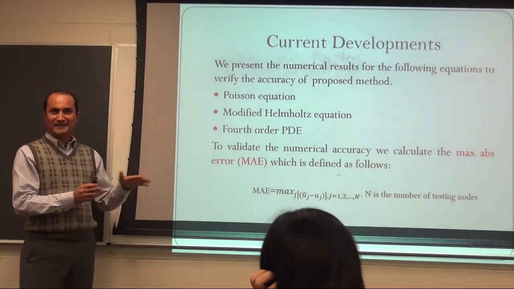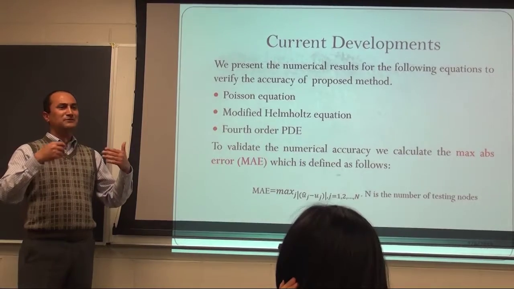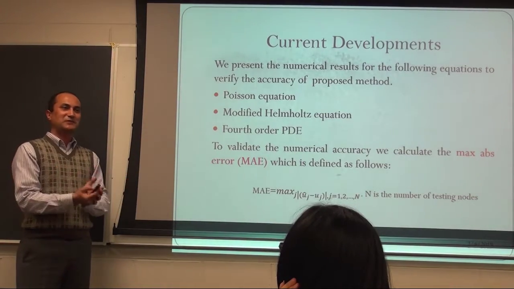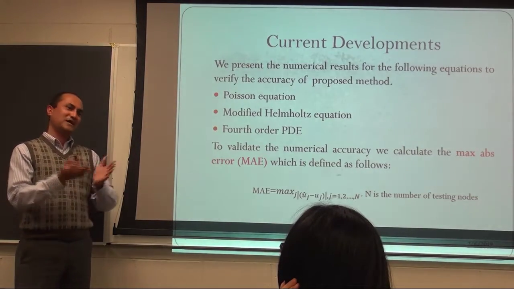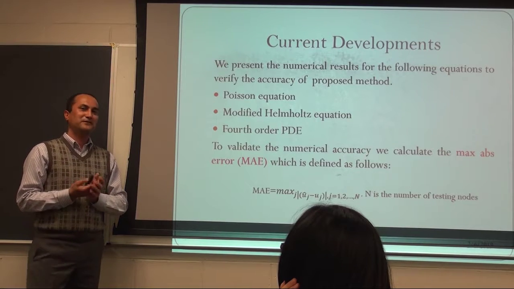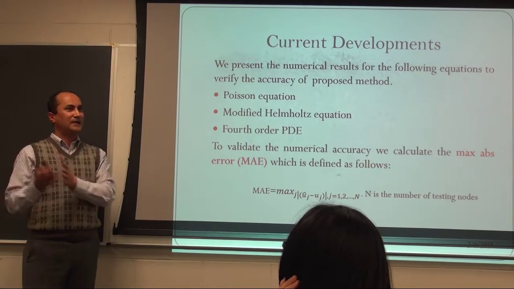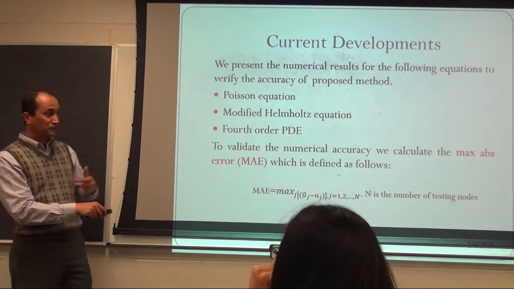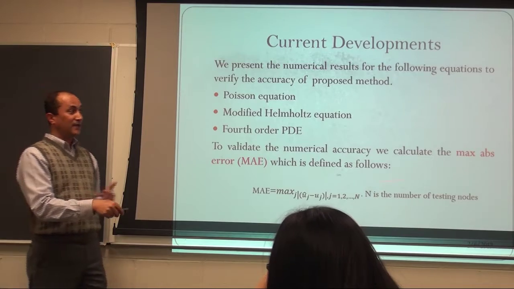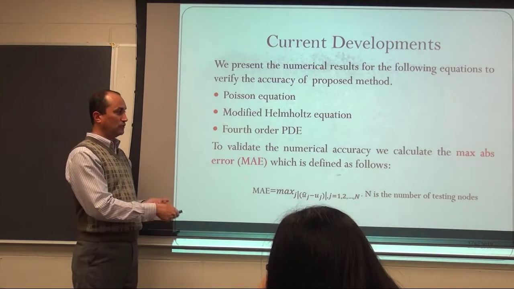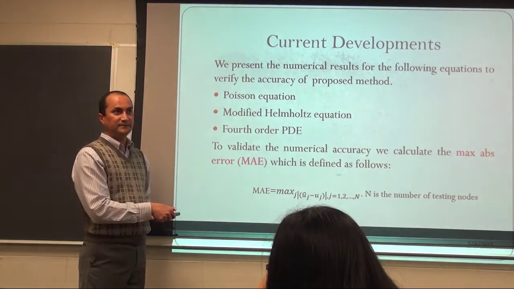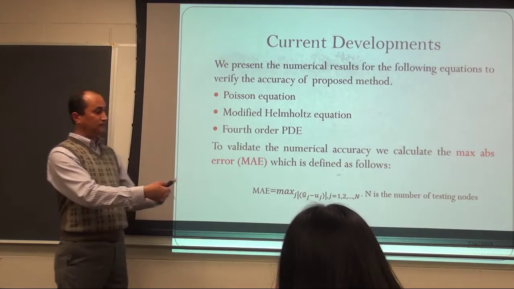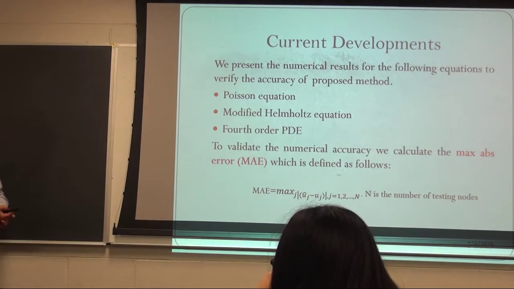So in the next table you will see some numbers which measure how accurate our method is. For that purpose, we have calculated the maximum absolute error, which is defined like this, to validate our numerical accuracy.